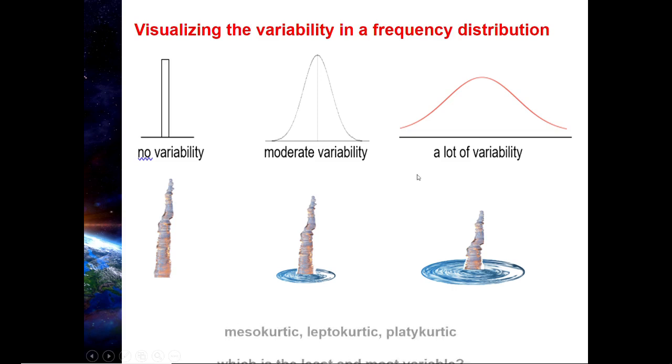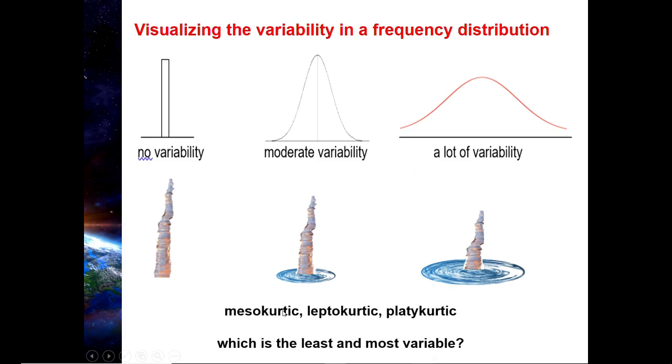So now you should be able to answer the question, which of these distributions is the least variable and which is the most? Well, if you remember what these distributions look like, mesokurtic is right in the middle. So these are all normal distributions. They're normally distributed. And mesokurtic is considered to be the middle, neither too peaked nor flat.